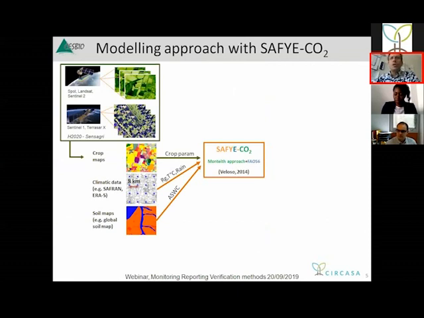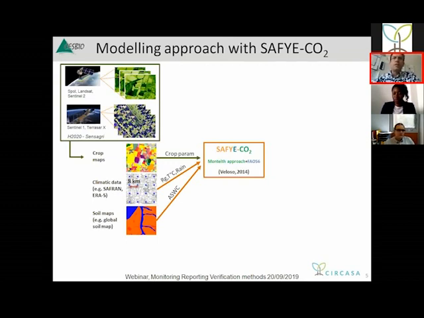The modeling approach is rather simple. It starts with the use of the satellite products, either coming from optical or radar satellite, in order to produce some crop maps, or you can also use some LPIS data for Europe, for instance, that give you the contours and the type of crops that is located in different plots.